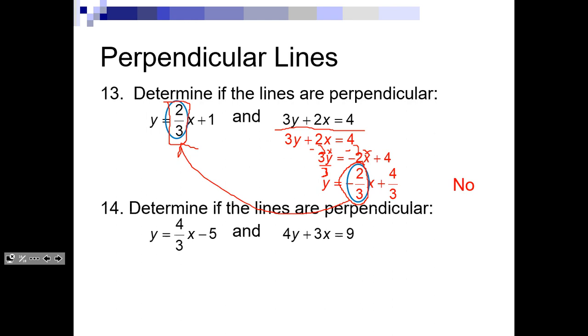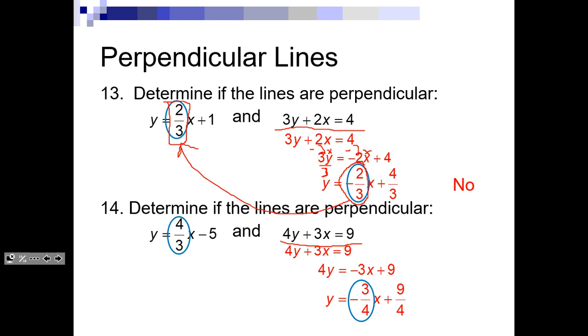So now we'll try this next one. It says determine if the lines are perpendicular. So we're going to solve out for this one here. When we solve out, we get 4y plus 3x equals 9. We swing over the 3x, and it becomes minus 3x plus 9. Then we divide away the 4, and we get y equals negative 3 over 4 x plus 9 over 4.